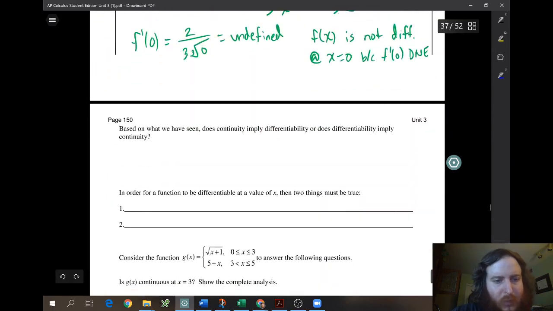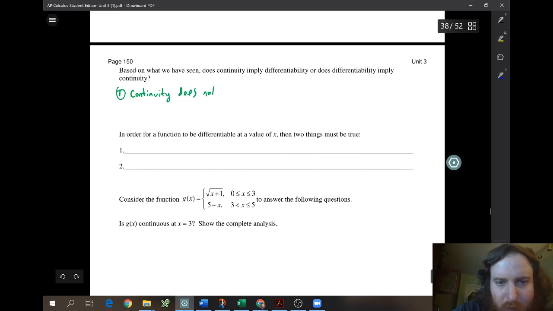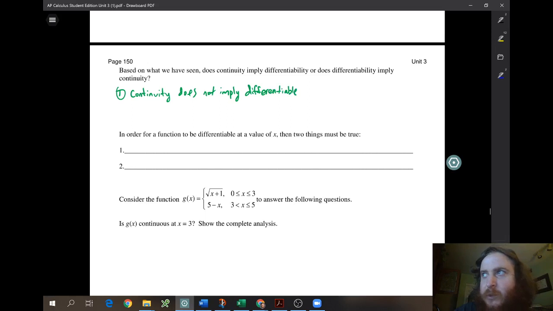So we can basically take this and write, first of all, continuity does not imply differentiability. What this means, as we saw in cases 2 and 3, is that when a graph is continuous, that does not mean it's also going to be differentiable, right?